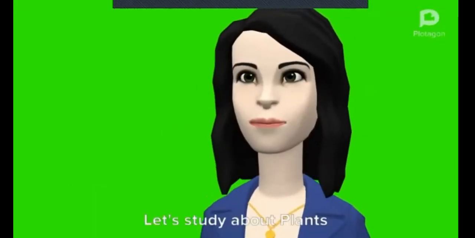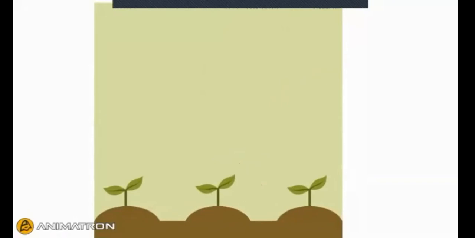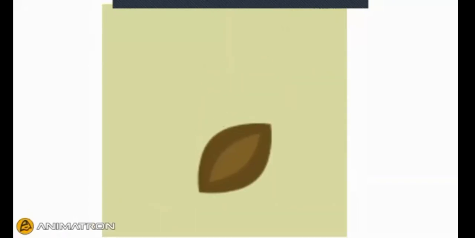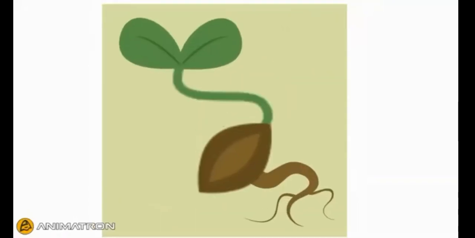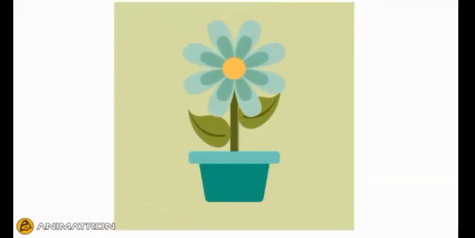Hi, let's study about plants. How plants grow? First, we plant the seed in the soil. And then the seed starts growing into an organism. Usually, flowers take months to grow.